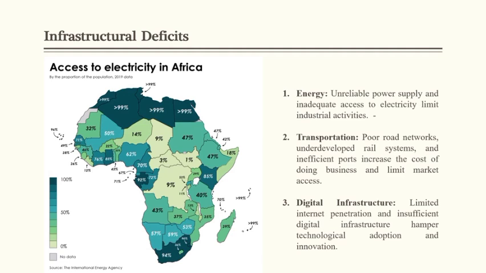You see poor road networks, underdeveloped rail systems, and inefficient ports increase the cost of doing business and limit market access. I don't want to mention countries specifically, but Africa is strategically located with very rich maritime resources, but it's a pity that some countries monopolize maritime access, monopolize seaport construction, monopolize seaport development, and the rest of that.